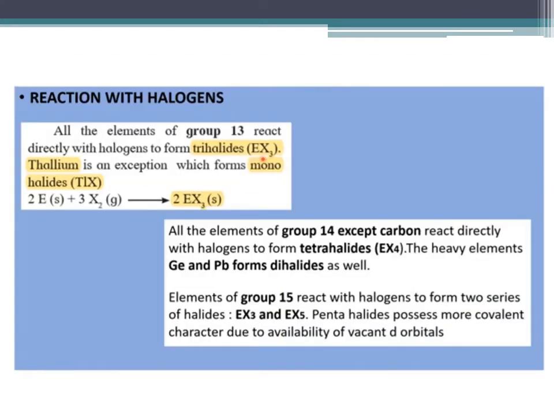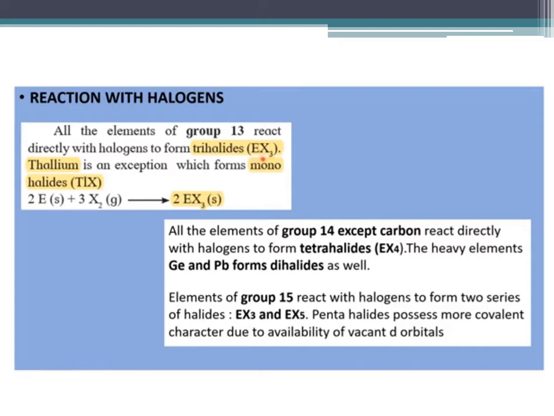Now we shall study the reaction of group 13, 14 and 15 elements with halogens. First we will study the reaction of group 13 elements with halogens, followed by group 14 and group 15. So students, the reaction of elements of group 13 with halogens is direct.